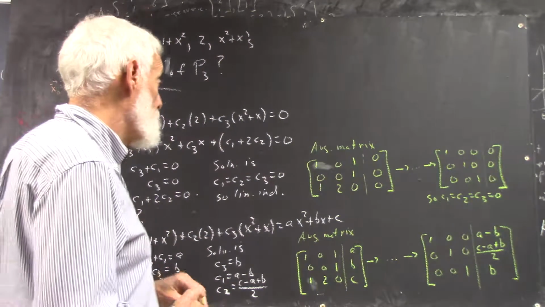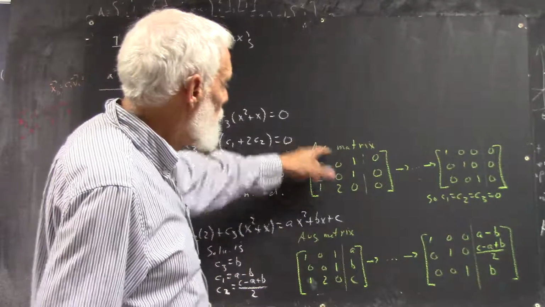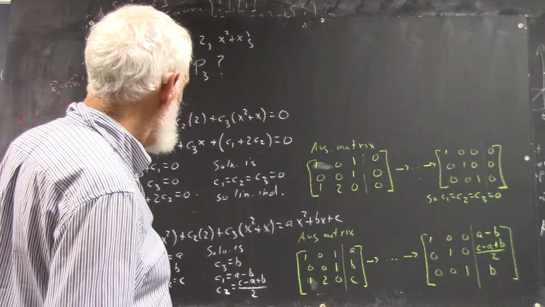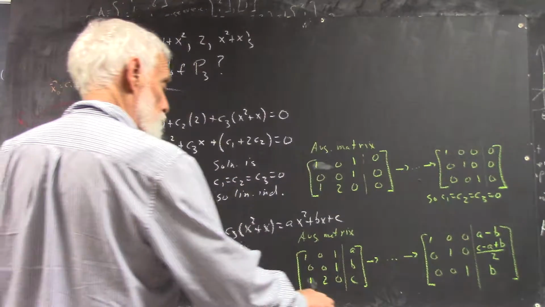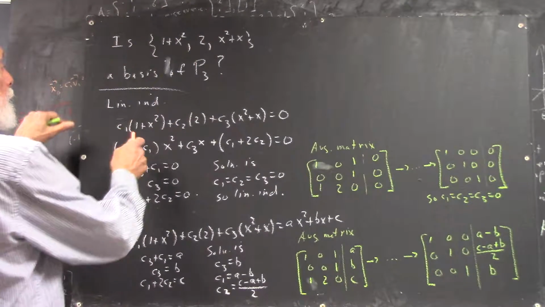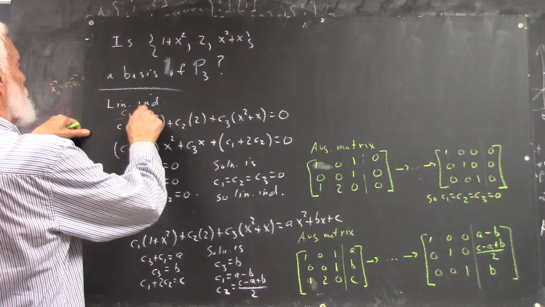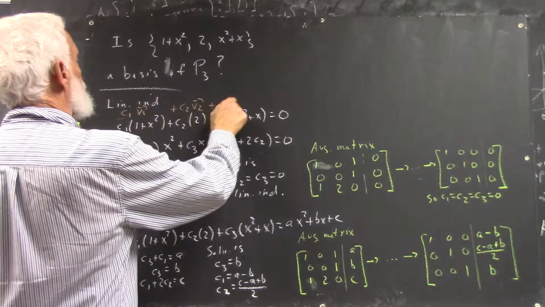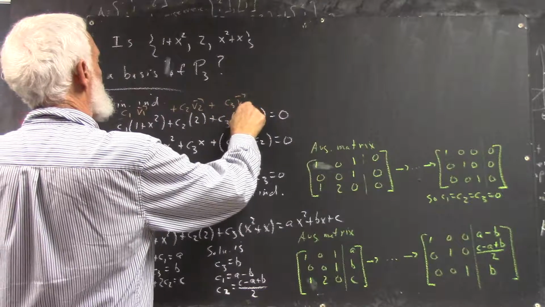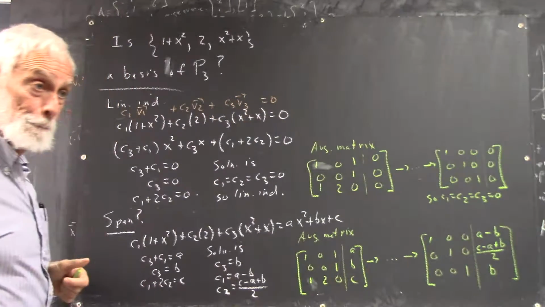So in general, if your augmented matrix of your coefficients, the augmented matrix you get, and what have we done here? Remember, this is just C1 V1 plus C2 V2 plus C3 V3 equals 0, right?